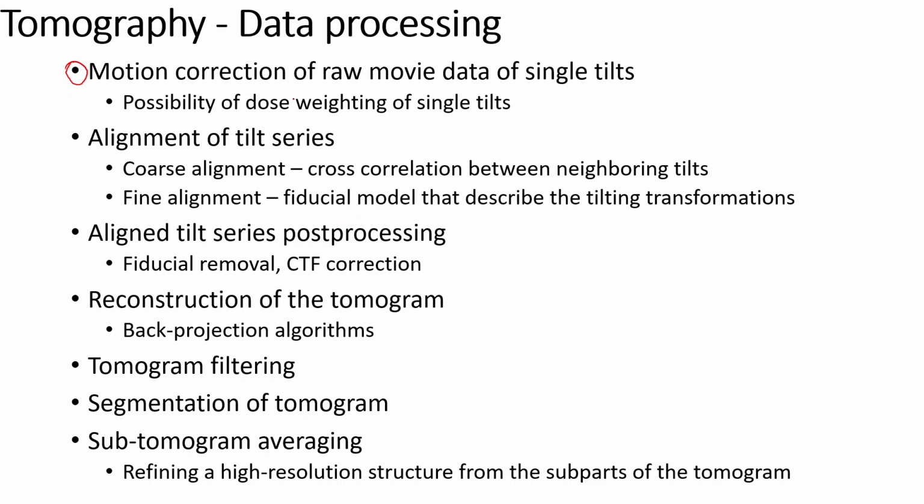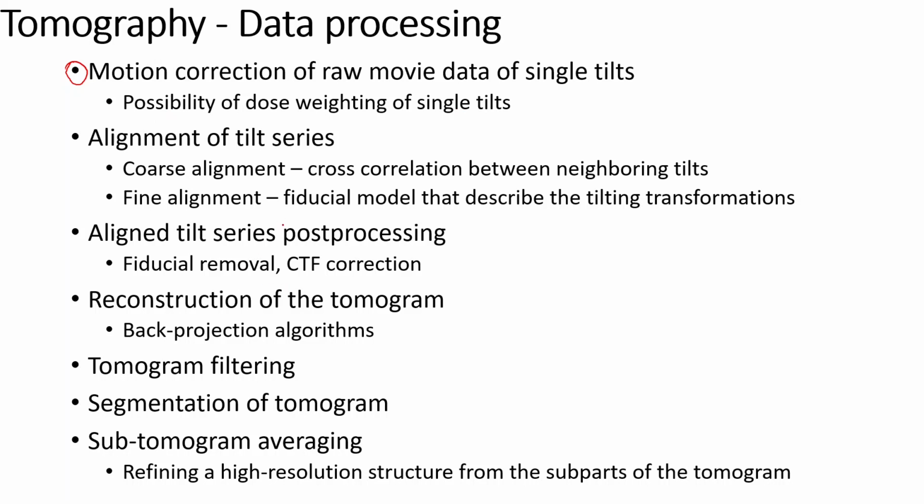This will be very important later when we discuss how sub-tomogram averaging works, and there it's essential to do this motion correction. I also have to note that here we can do not only the dose weighting of the frames in the movie, but we can do dose weighting of the finally aligned tilts inside the tilt series, because the dose will vary less in one tilt.